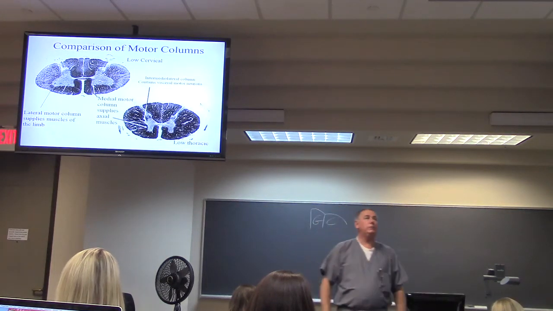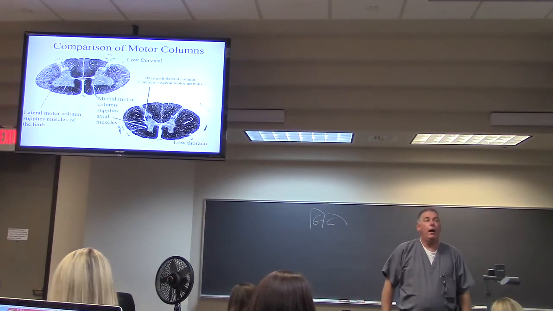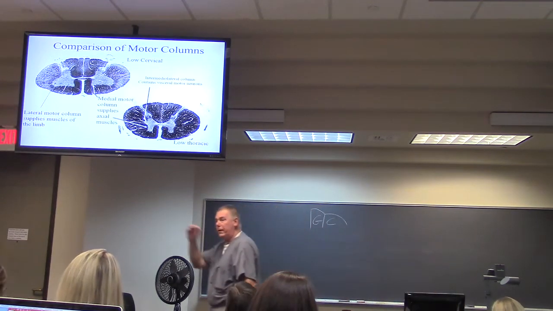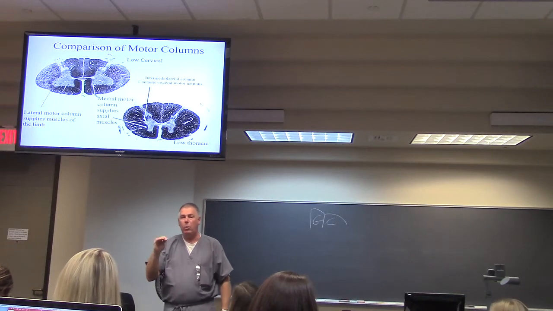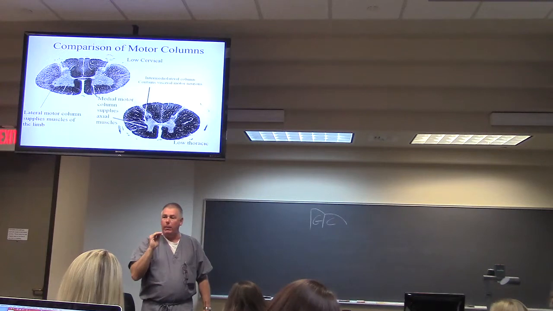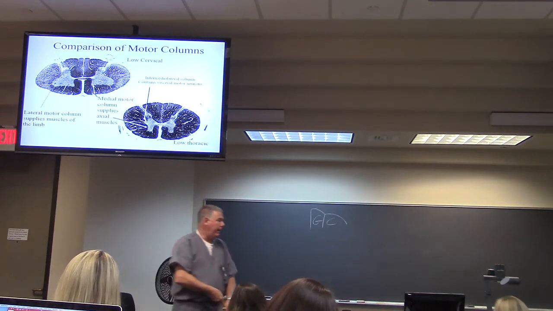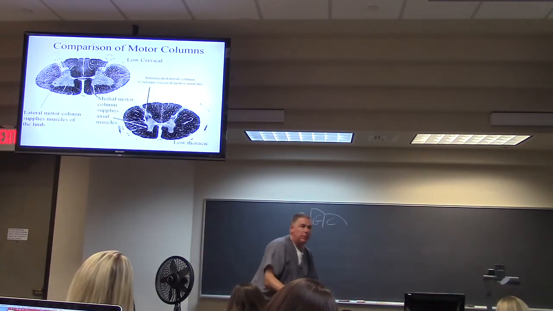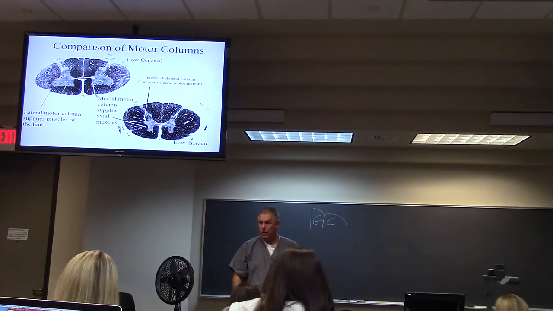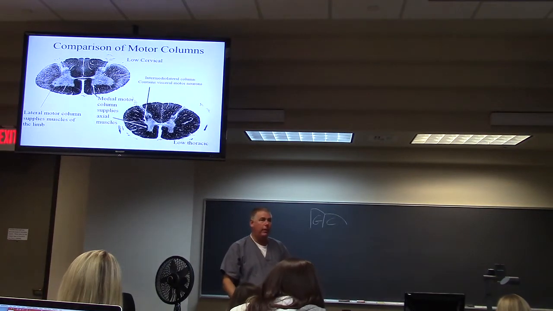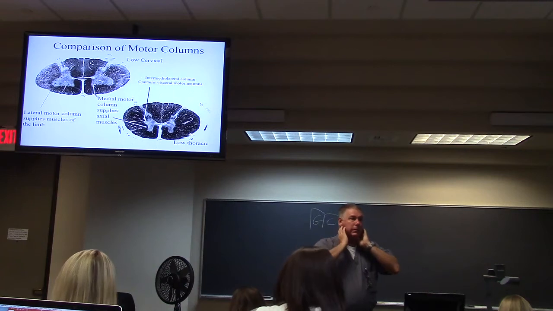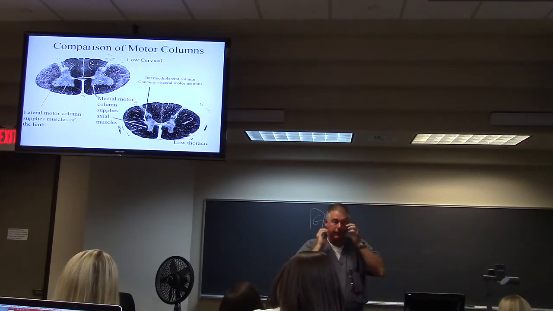Motor column comparisons. This is interesting because what do the different layers of the spinal cord have in common? They all have in common the motor supply to the axial skeleton. They all have in common the motor supply to your erector spinae, your semispinalis, your splenius, and all that stuff.